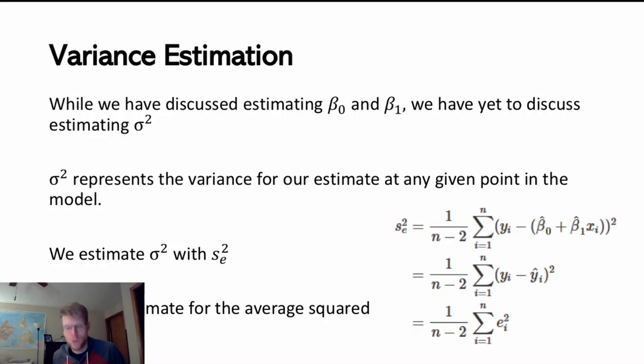One thing that we won't get into a lot of detail on here is why we're dividing by n minus 2 and not dividing by something like n. If we were dividing by n right here, then this would truly be the average squared residual, right? But dividing by n minus 2 has to do with the fact that this is otherwise going to be what's called a biased statistic, which we'll talk about in a later chapter.